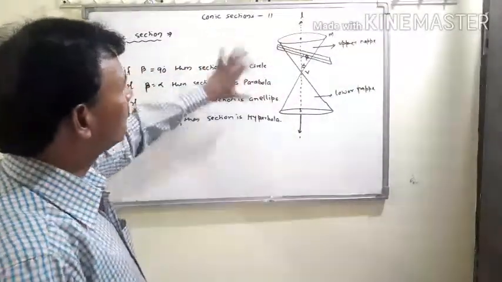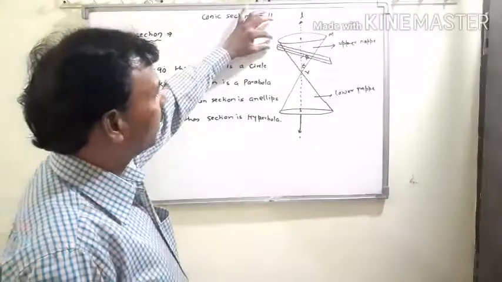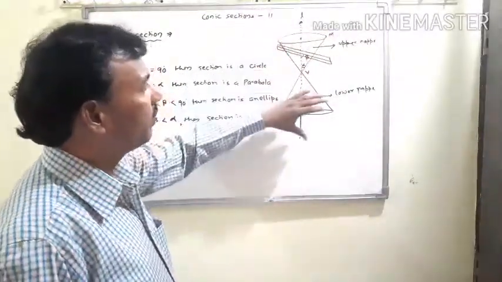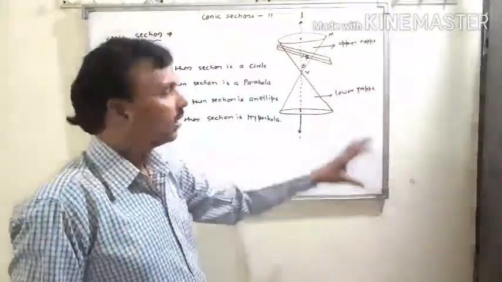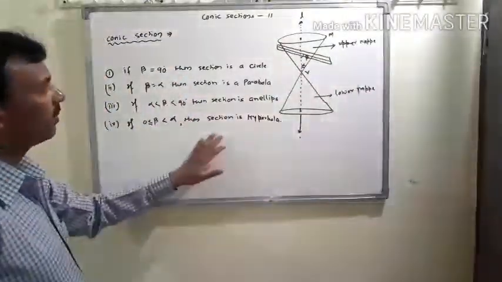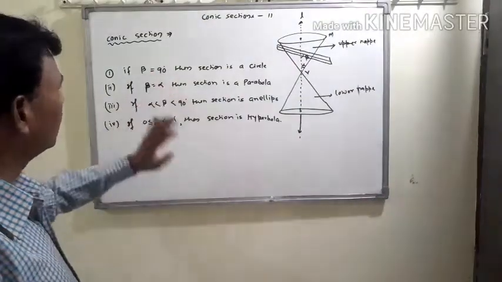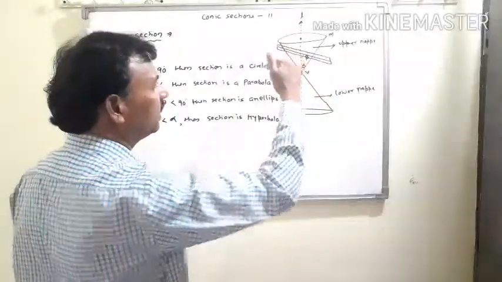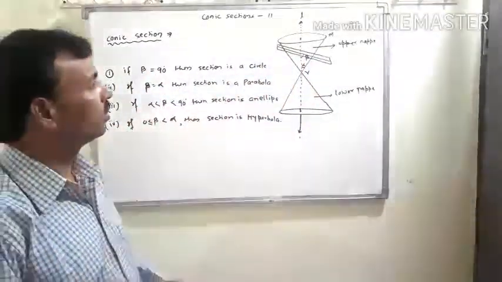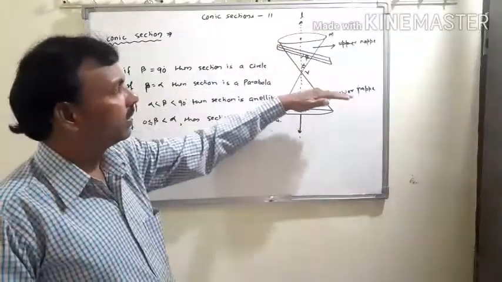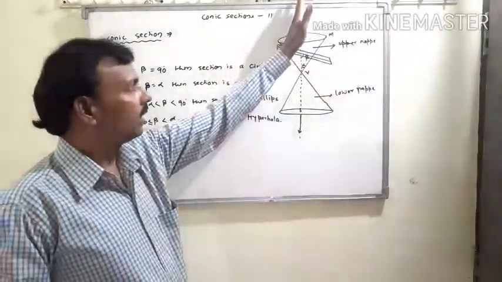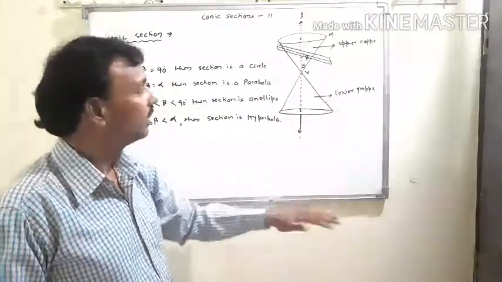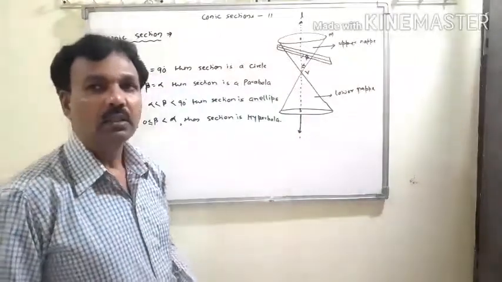Now, as is seen here in this figure, a plane like this cuts this double napped right circular cone, then we can find four types of curves. Here the condition is given: if angle beta, that means the plane cuts any nappe perpendicular to the axis of this double napped right circular cone, then we can find the circle.